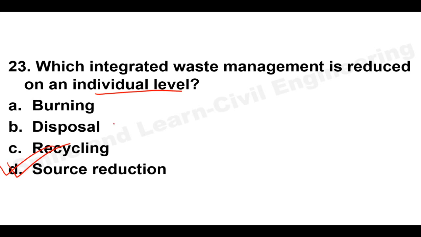So if we can reduce our waste and separate it, like the campaign last year on separating biodegradable and non-biodegradable waste, the green dustbin and blue dustbin, all these things are very important, and they can be done at an individual level also. So source reduction is the correct answer.